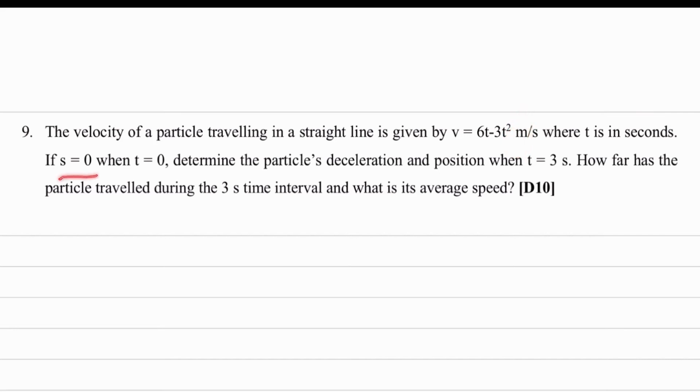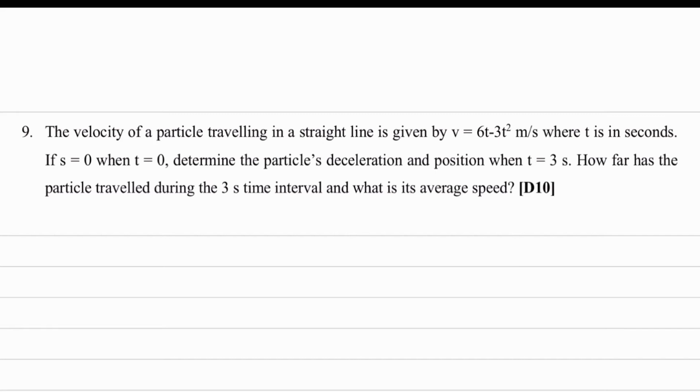If s is equal to 0 when t equal to 0, determine the particle's deceleration and position when time is 3 seconds. So we have to calculate a and we have to calculate s, or we will use x, it doesn't matter, when t is equal to 3 seconds.